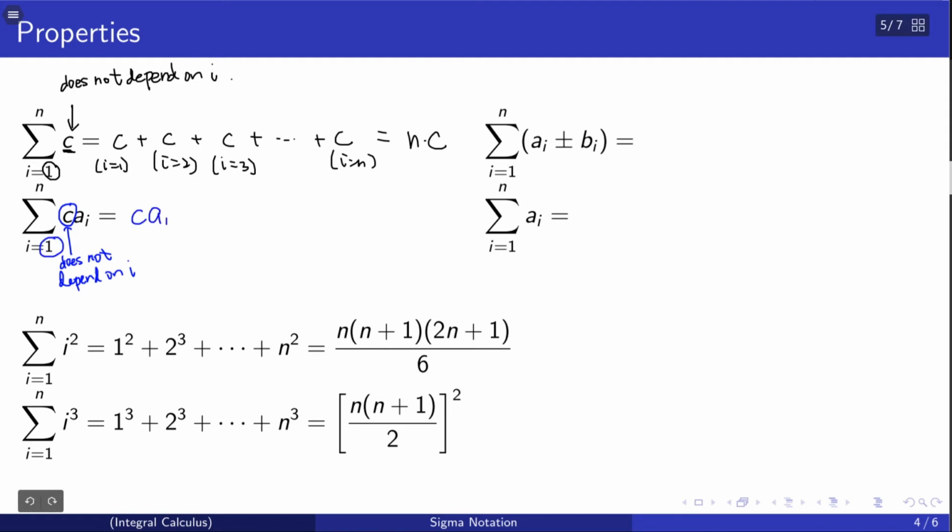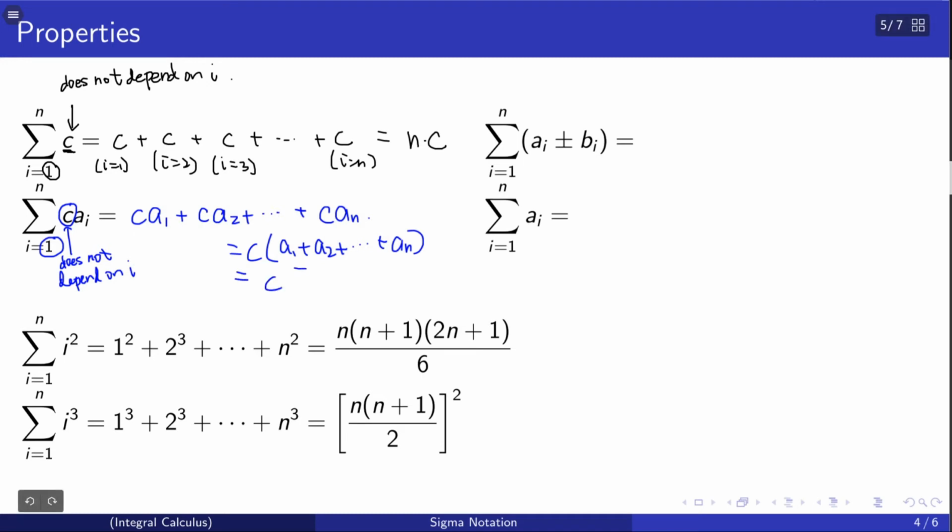Well, now it's C times a1, right? a sub I depends on what I is. The term that's next is C times a2. So on until C times an. All the terms have a C in them, so that means we can factor out the C. And just leave ourselves with the sum from a1 to an on the right.